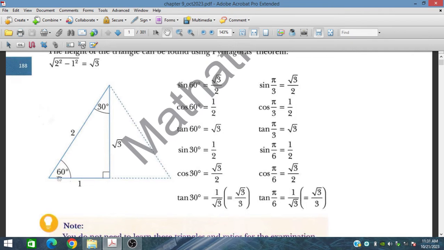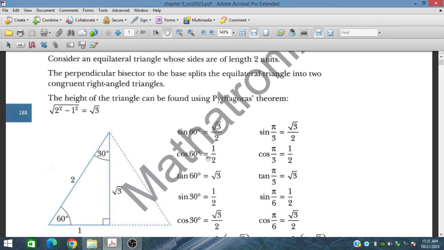So this length is only 1 unit, and by using this we can get the length of this side. This becomes 2 square minus 1 square, under root, so 4 minus 1 is under root 3. So this side is under root 3 by using the Pythagoras theorem.